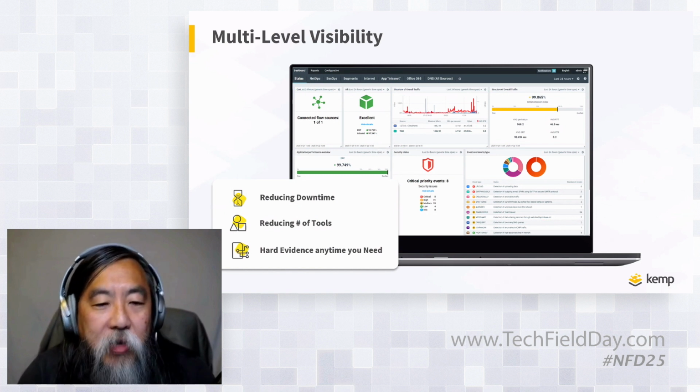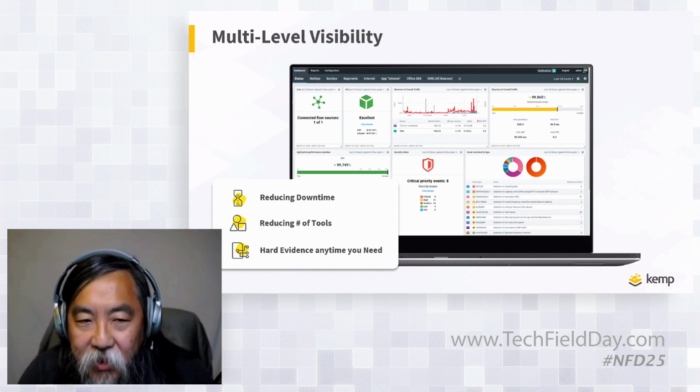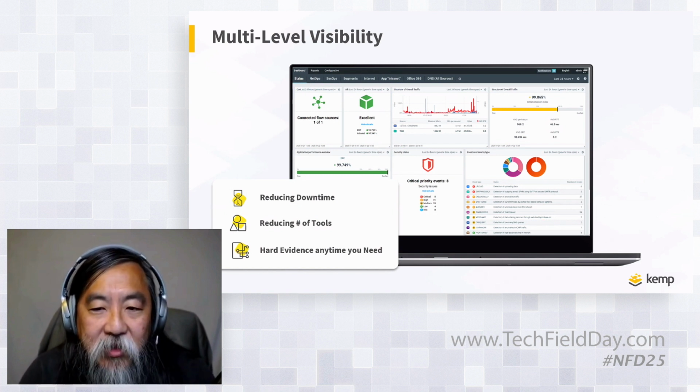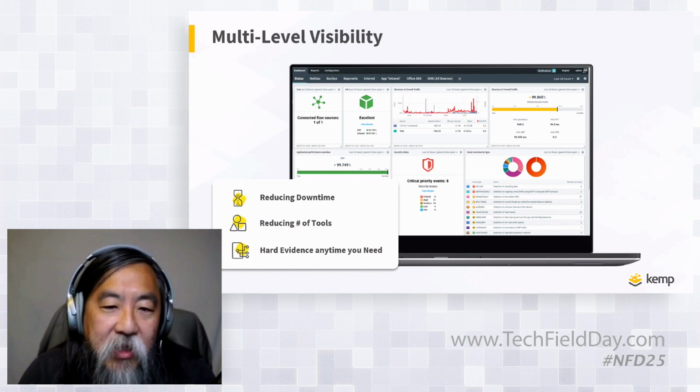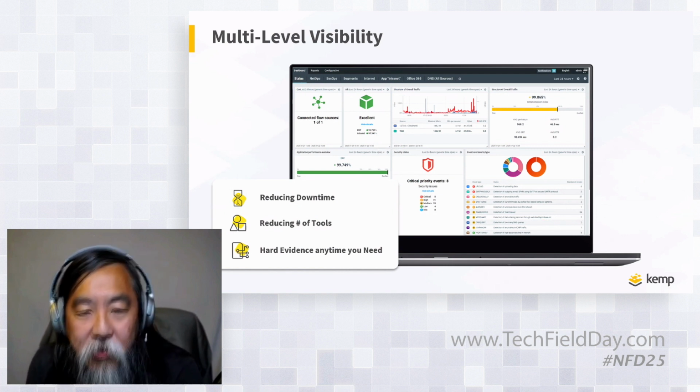So number one, we're going to have some sort of dashboard that gives us some high-level visibility. It gives us visibility at multiple levels in terms of the overall traffic, the health of the environment, security events, et cetera.